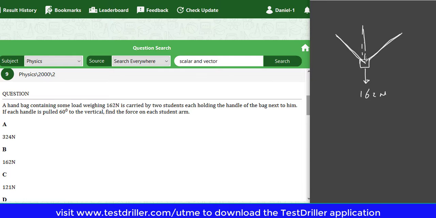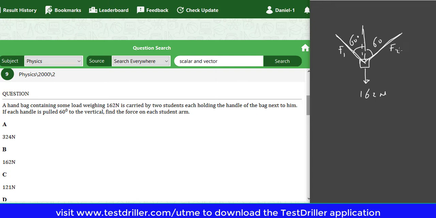So what that means is angle 60 degrees here, angle 60 degrees here, right? And the question is to find the force on each arm. So the question is what will be the force here, F1 and F2.